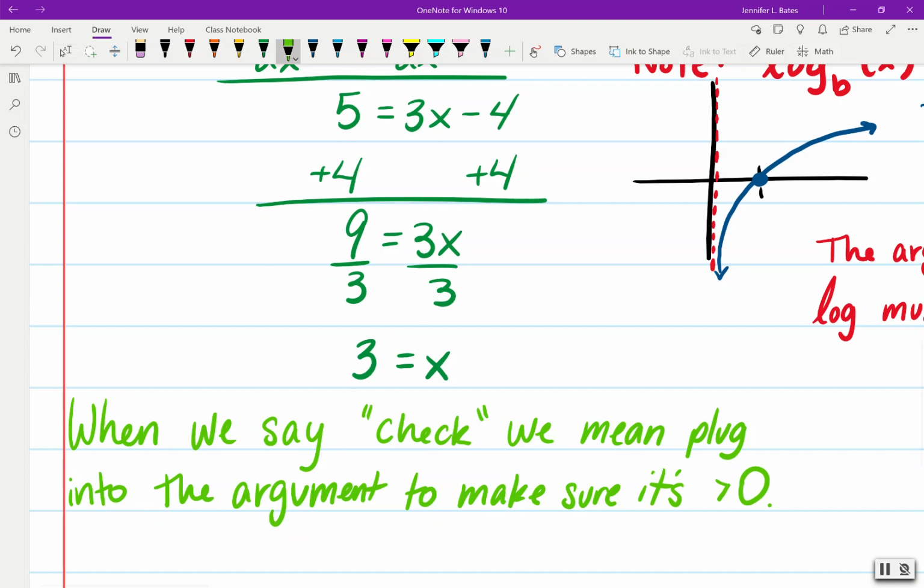So when we say we need to check our answer, that means we have to take 3 and plug it into the argument of the logs. And we need our arguments to stay positive and non-zero.